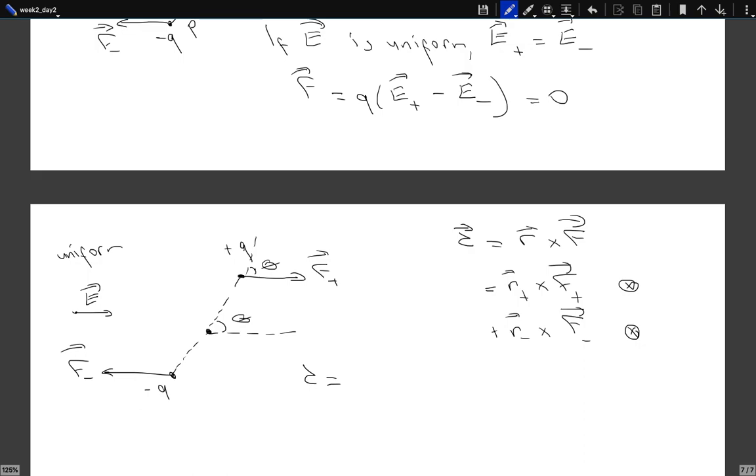Multiply the magnitudes. R plus has this magnitude, which is d over 2. F has the magnitude of q times E. And what else? The force needs to be perpendicular to that. Either you take the component of the force perpendicular to this line, or you just multiply by sine of theta. They are the same thing.